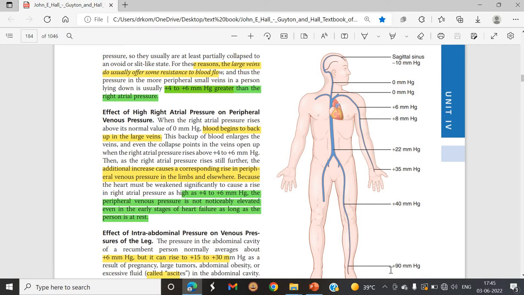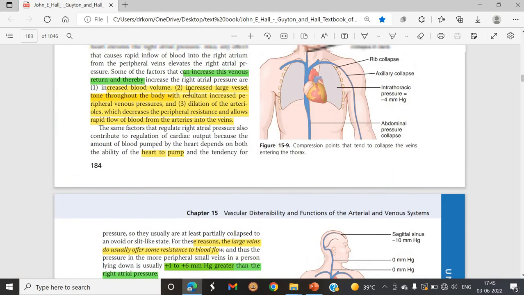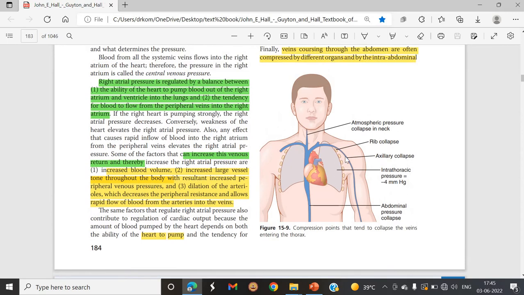Even if you remove the factor of gravity and a person is just sleeping, this paragraph is stating that there is kinking by the first rib.